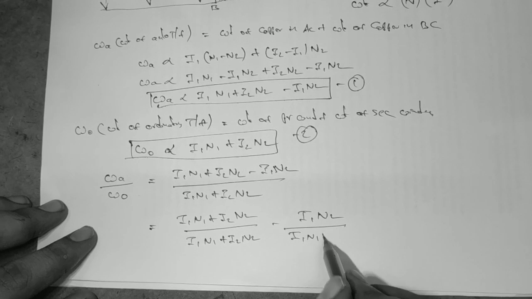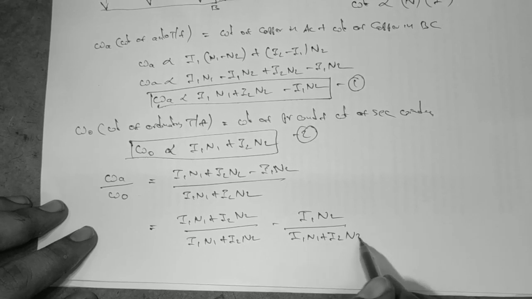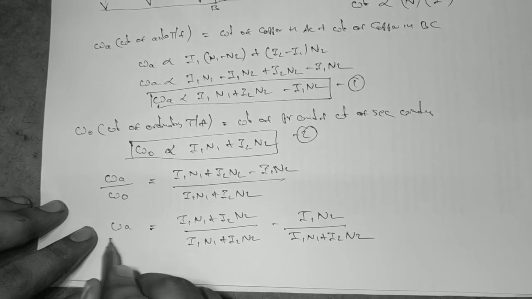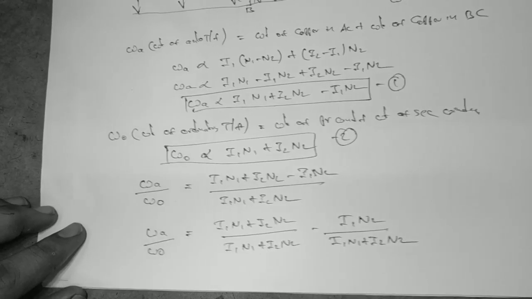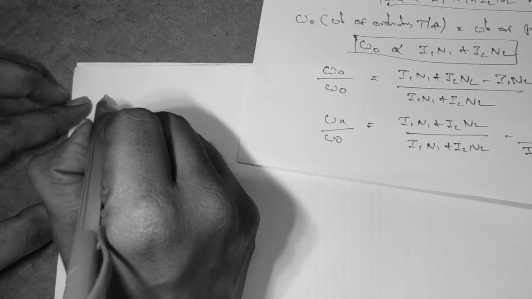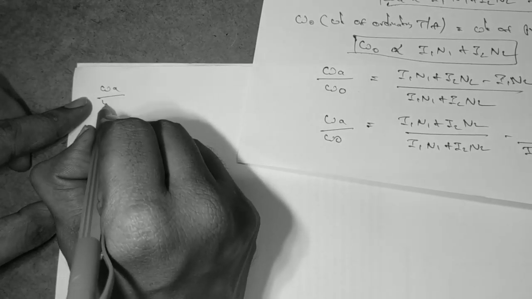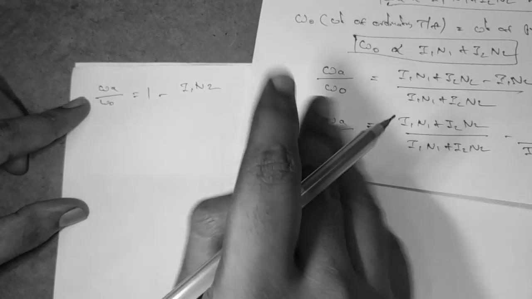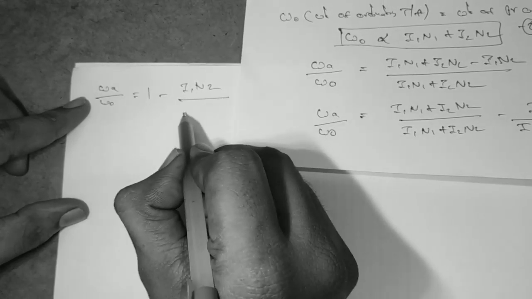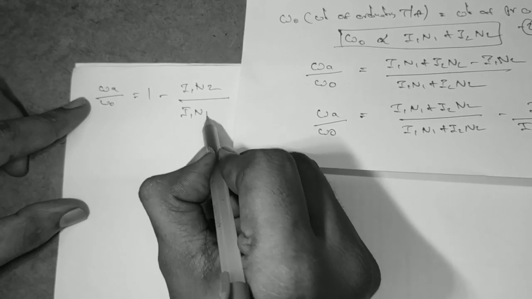The first term is nothing but 1, since numerator and denominator cancel. So we can write WA by WO is nothing but 1 minus 2 I1 N2 divided by I1 N1 plus I2 N2.